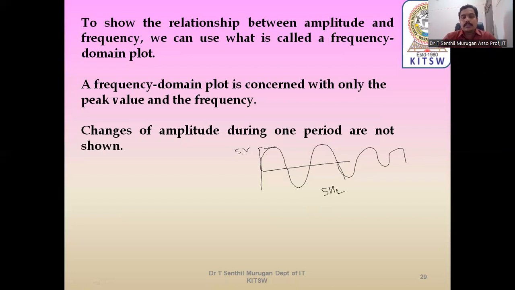So the voltage is 5 volts. How can we draw it with the frequency? Frequency equals, for example, 5 hertz. Here 1f, 2f, 3f, like that it will go to 5f. We can draw up to 5 volts. So simply we draw the line at this frequency level. So this is the frequency domain plot.